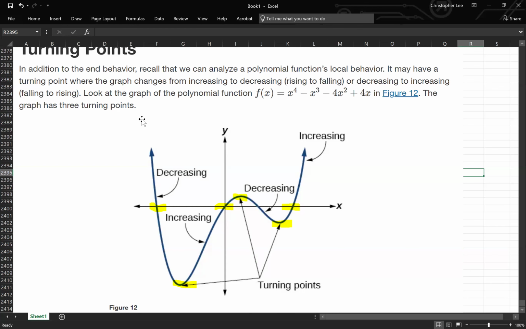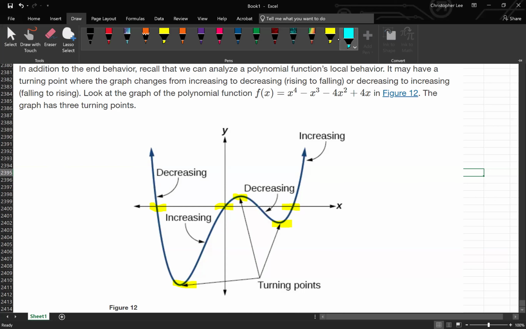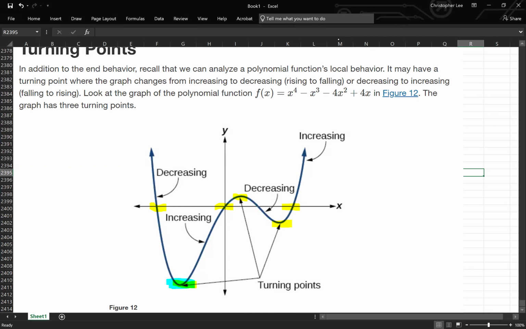The graph has 3 turning points, here and here and here. We're going from decreasing to increasing, then decreasing to increasing.